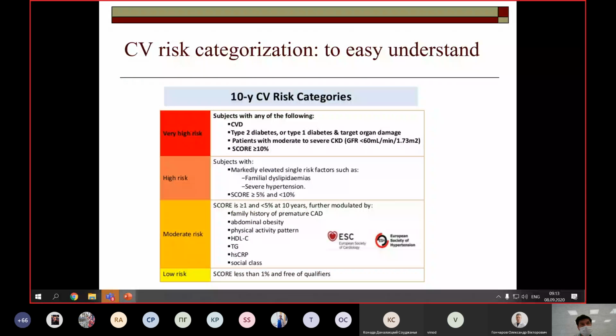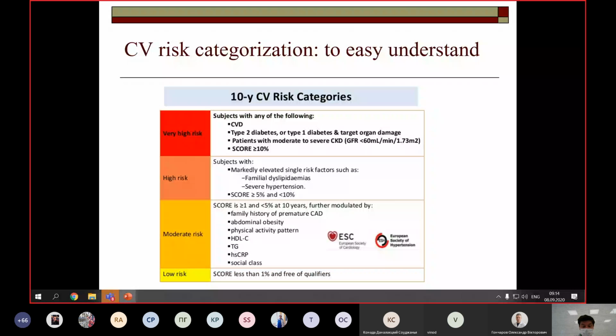To easily understand what kinds of cardiovascular risk exist, I propose this slide. The risk categorization should be defined in four groups. Low risk is a SCORE less than 1%, theoretically 0%. Moderate risk is a SCORE between 1 and less than 5% at 10 years of further cardiovascular events, including fatal and non-fatal.